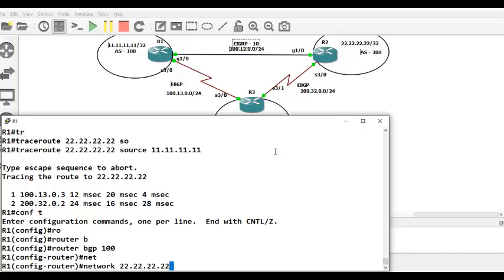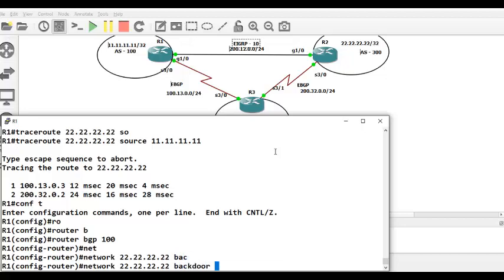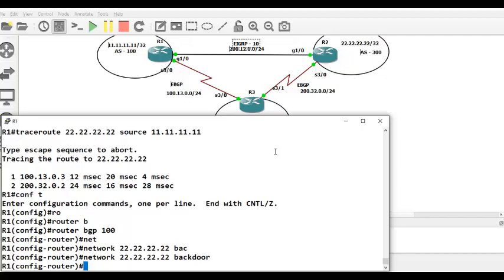But for the backdoor concept, you have to use it for someone else's network. For autonomous system 300's network 22.22.22.22, I'm saying backdoor. That's it. How easy, you see. I'm saying backdoor, meaning don't consider EBGP.